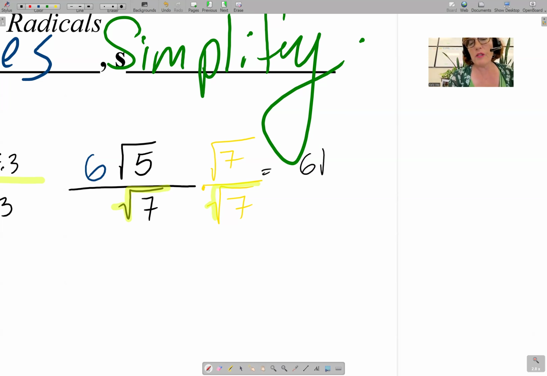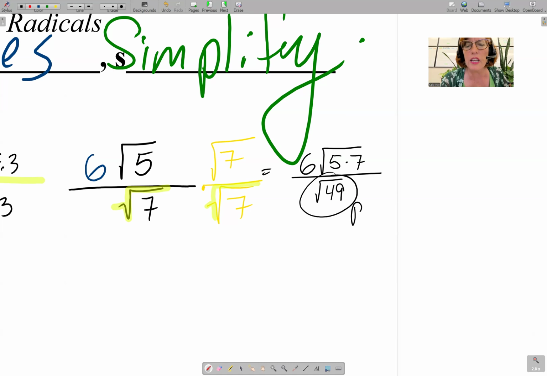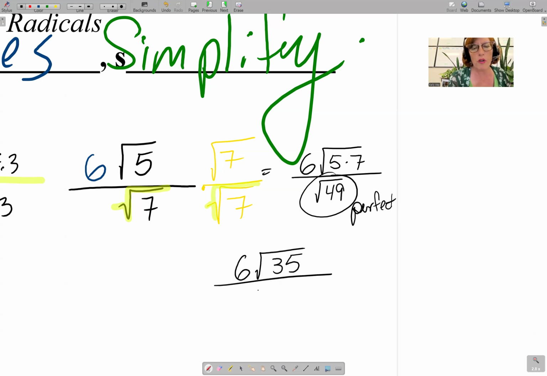We have 6, 5 times 7. We can't pull those apart. We leave it. Technically, root 7 times root 7 is root 49. But way earlier, you already memorized root 49 is perfect. So it simply becomes 6 root 35 over 7.